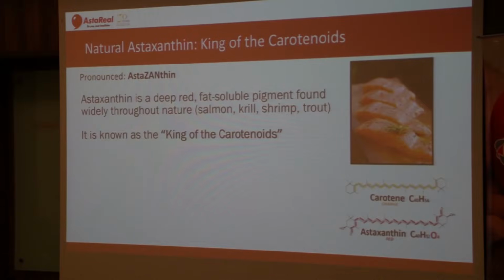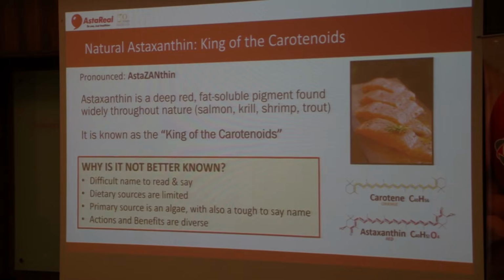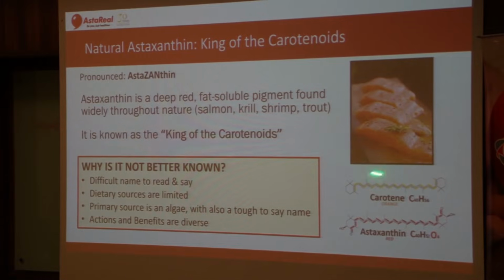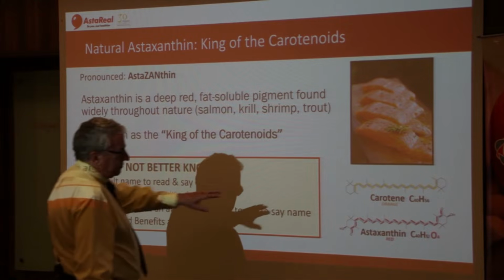Next slide. Astaxanthin is a carotenoid. So what are other carotenoids? Beta-carotene, lycopene, lutein, zeaxanthin. They're a little bit more common in your diet. Astaxanthin is less common. You really know it as coming from salmon. And here's the structure. It might be a little bit hard to see from the back.